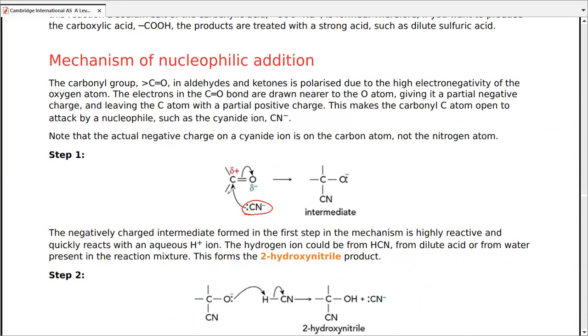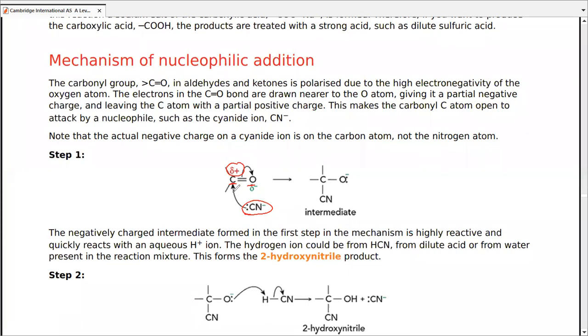It can attack the partially positively charged center. This is carbon and oxygen. Oxygen has a higher electronegativity than carbon, so carbon is partially positively charged and oxygen is partially negatively charged.